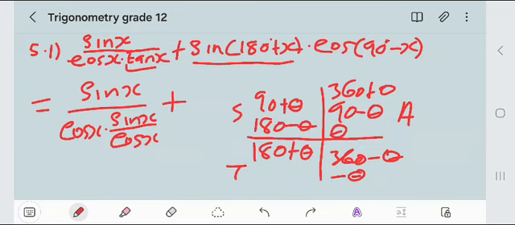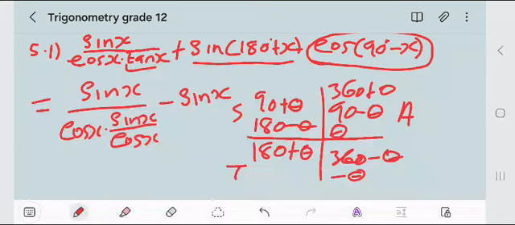This negative will affect this positive sign, so we'll simply have negative sine x. We multiply that by cos. You see, all trigonometric ratios are positive in the first quadrant, 90 minus means we'll have positive cos there. As you can see, we'll have positive sine.